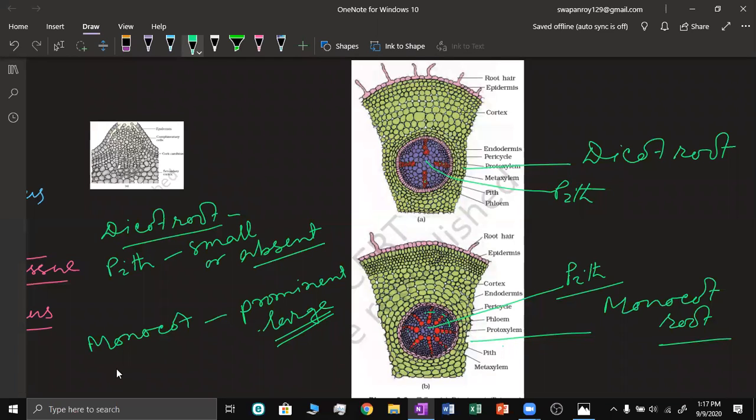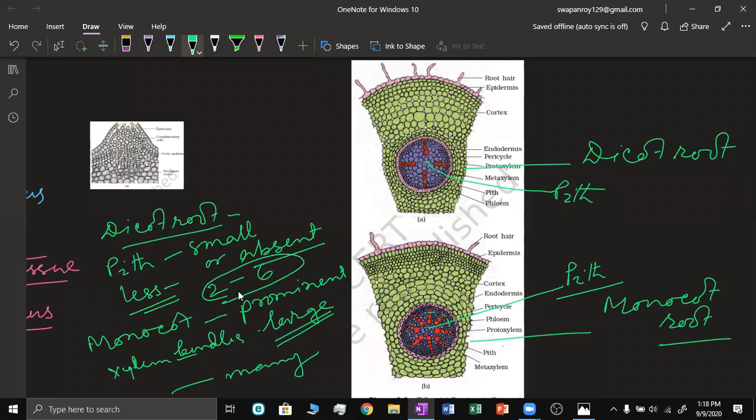So in monocot, xylem bundles are many. In dicot it is less in number, usually 2 to 6, very commonly up to 4, but in case of monocot it is more than this.